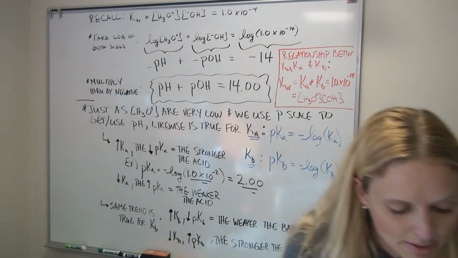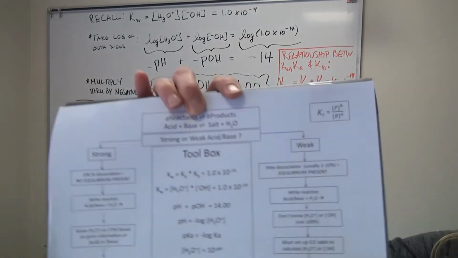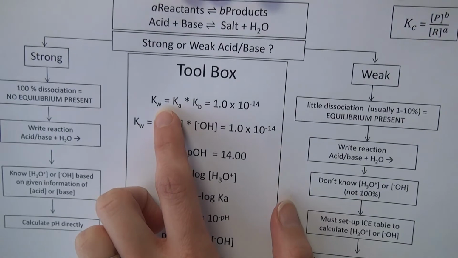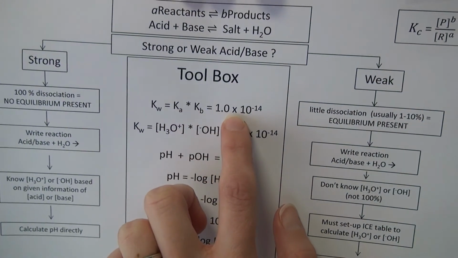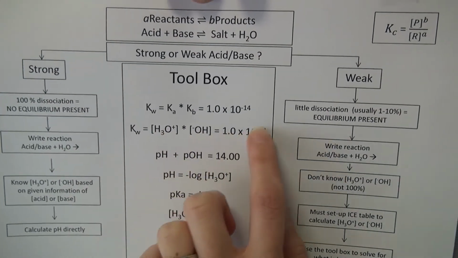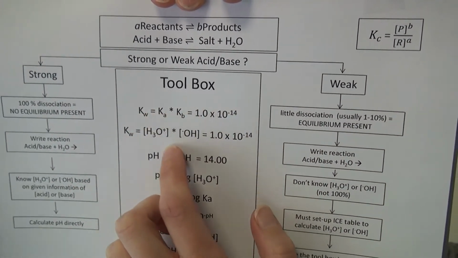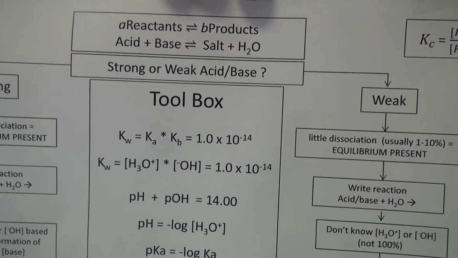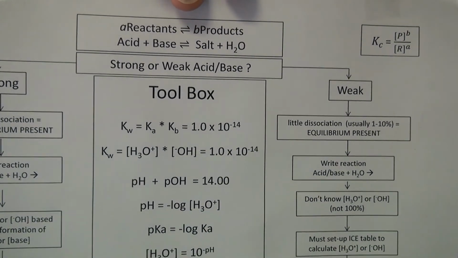You can see that a little more clearly on this handout. It's the first two equations: Kw is equal to Ka times Kb, which equals 1 times 10 to the minus 14th, and then Kw also is equal to this. So you can combine these two equations to solve for any of those variables that you might need in a problem.